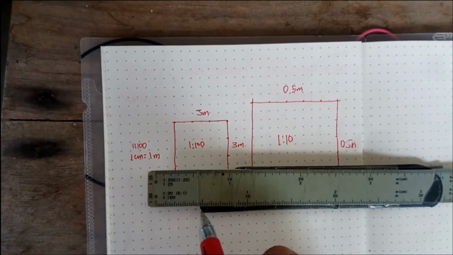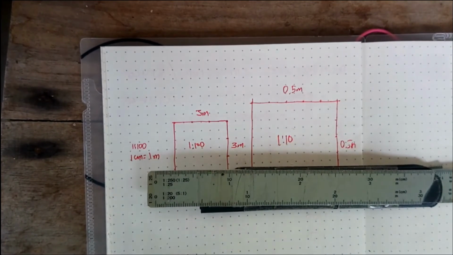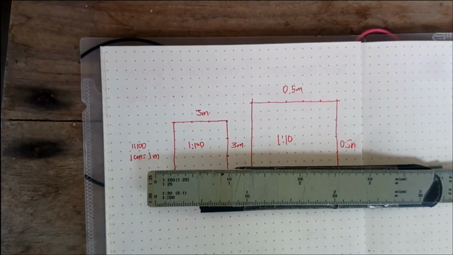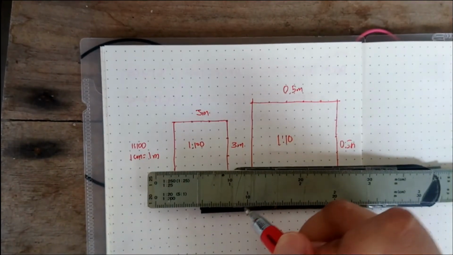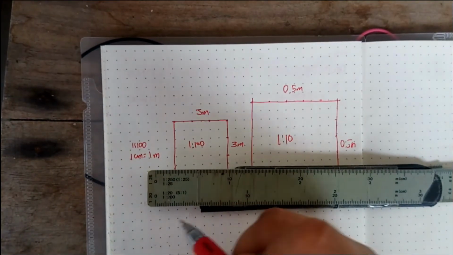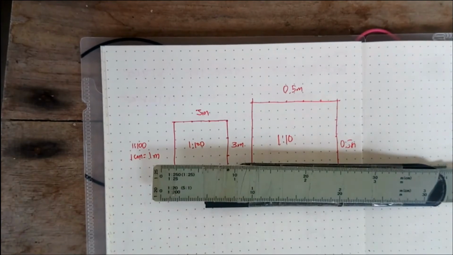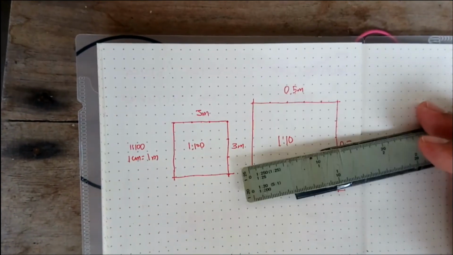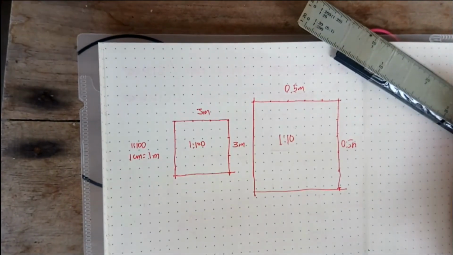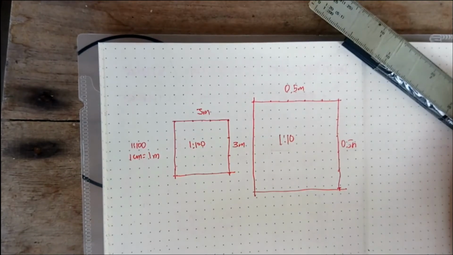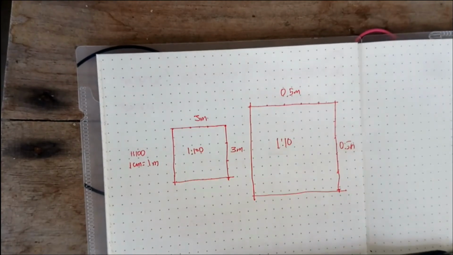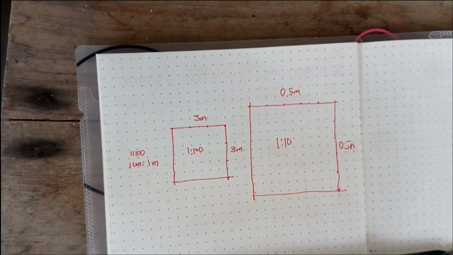So that's 10 meters. But once you turn that into 1 is to 20, all you have to do is remove 1 zero. For 1 is to 20, this becomes your 1 meter here. So using your triangular scale is quite easy as long as you don't think about it in a complicated manner. Let's start with our lecture.